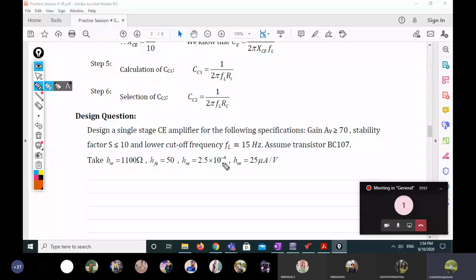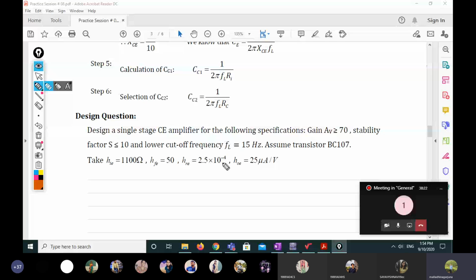Gain is nothing but how much the voice should be amplified. How much it is amplified means the signal should be increased drastically. That is one parameter.